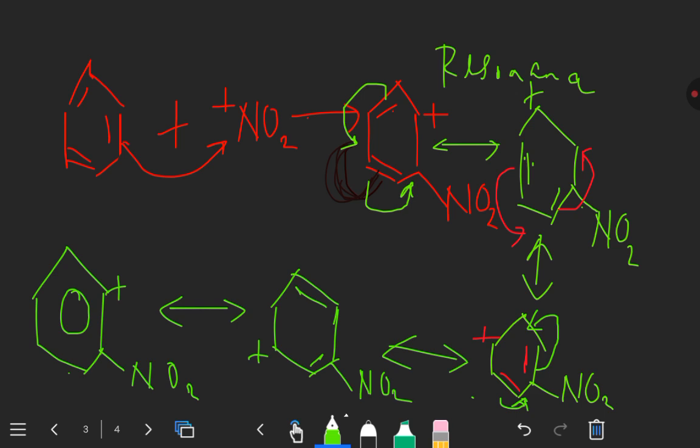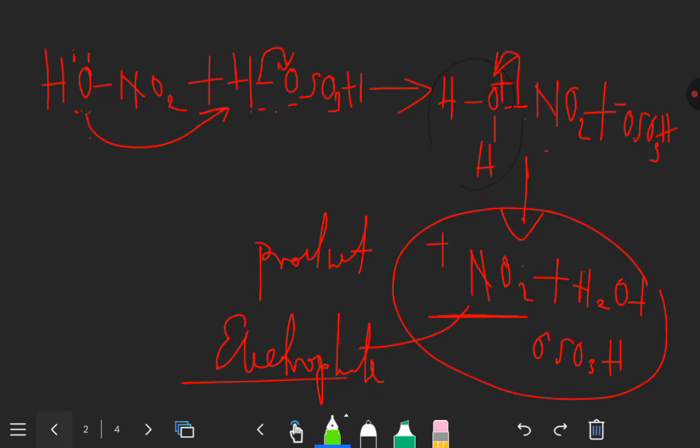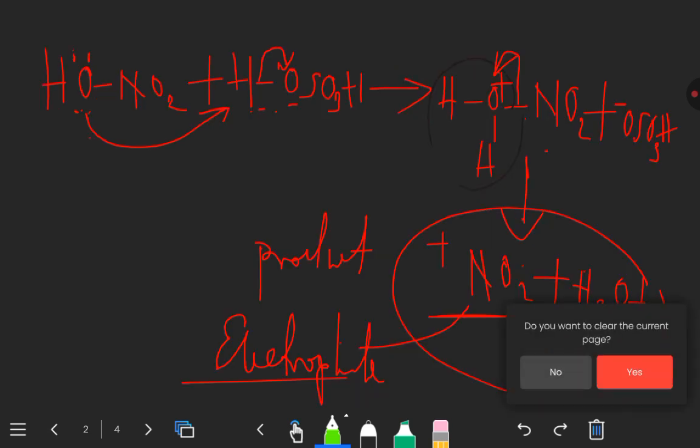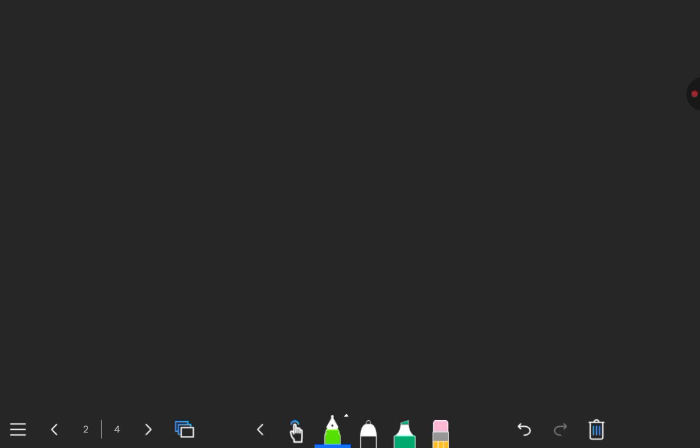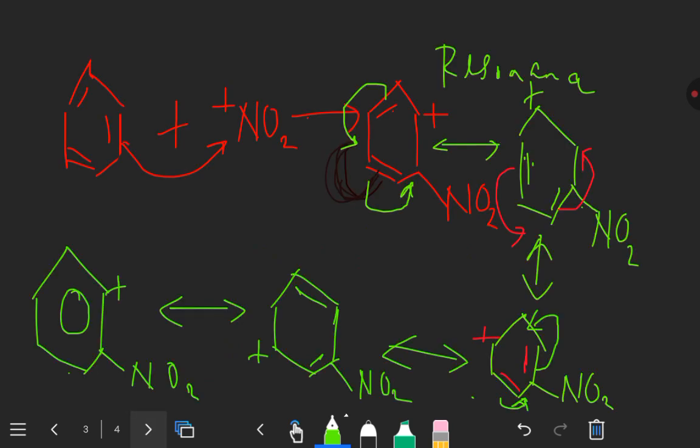Okay, so from this, we can now make the final product. So these were just resonance structures. So we can now use one to form the product.